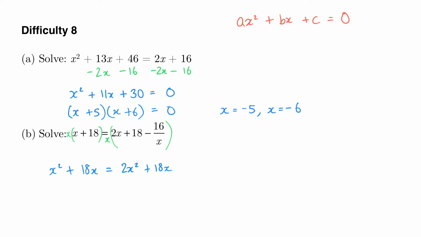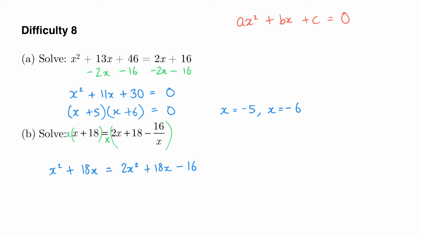And then x multiplied by negative 16 over x would give us minus 16 in this expression. Remember, this is just 16 divided by x, and if we multiply that by x, it just effectively undoes the dividing by x. So we're left with this 16, which of course is being subtracted.